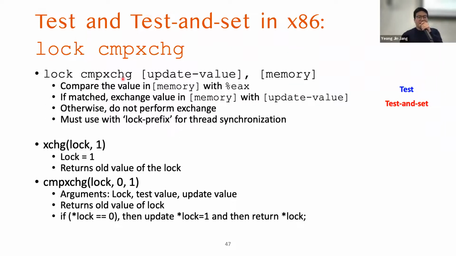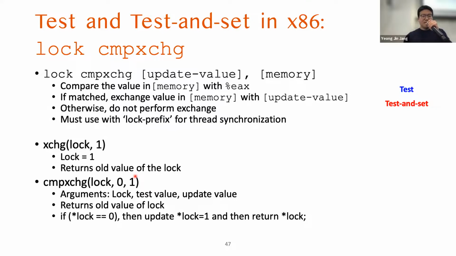And then what it does is, for exchange, we only have a memory location and the value to update, so we just do the swap. But in compare exchange, we have three values: the lock variable, the compare value, and the write value.